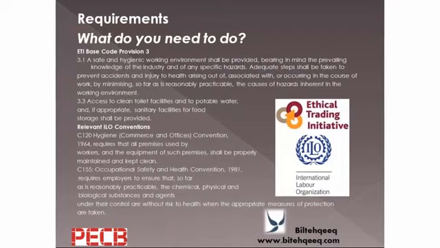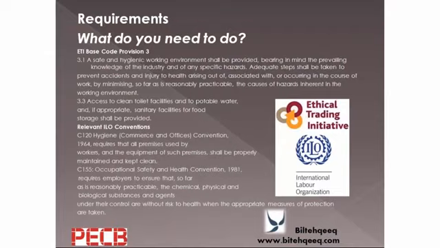Next is C155, the Occupational Safety and Health Convention, 1981, which requires employers to ensure that, so far as is reasonably practicable, the chemical, physical and biological substances and agents under their control are without risk to health when the appropriate measures of protection are taken. So if any chemical or material a company is using, it should be well controlled.